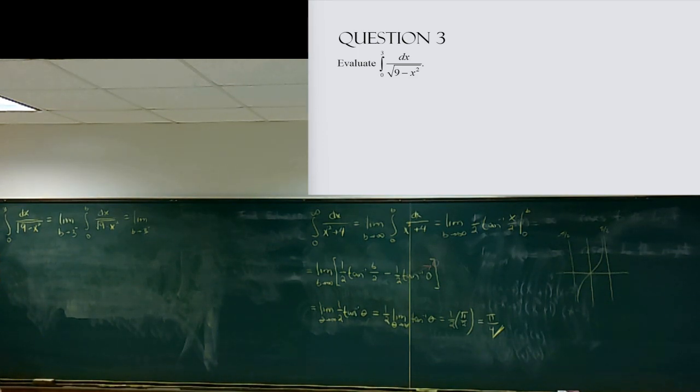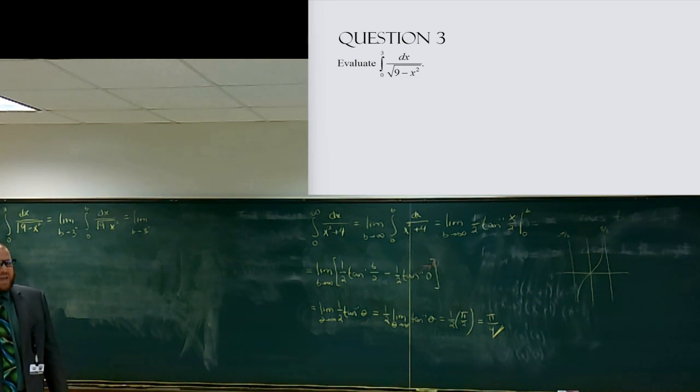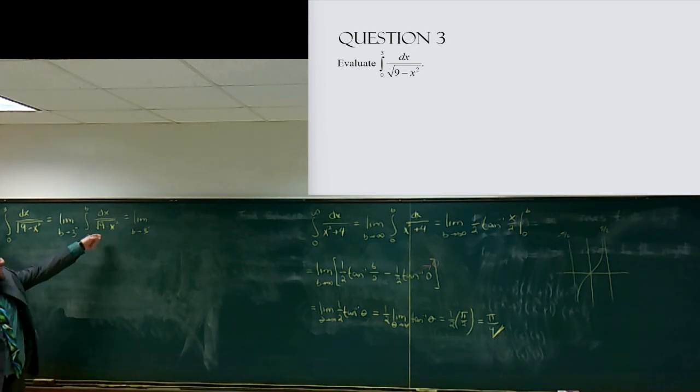Of 1 minus x squared. Again, you can do trig sub, but it's not required here. I don't know why, it just looks like a trig sub to me. Because of the square root. Yeah. Right, so you're right, you can do trig sub on it. But this is one of the basic forms.